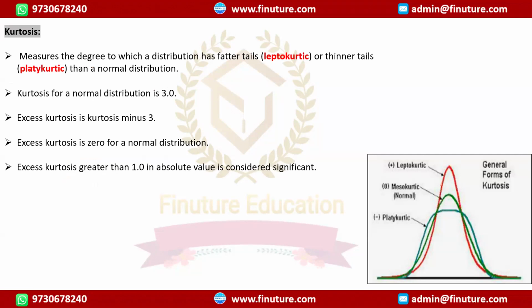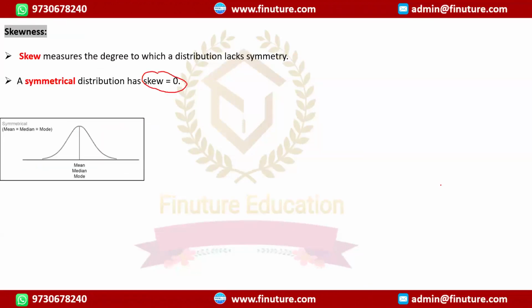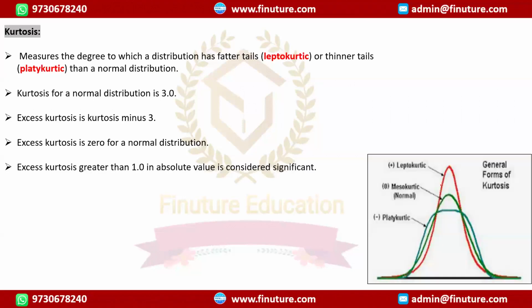For understanding, think of kurtosis as a measure of peakedness. In skewness, we were talking about symmetry. But when we are talking about kurtosis, there are four moments of the data. There are more, but those are a bit theoretical. In the practical world, you study four moments of data.